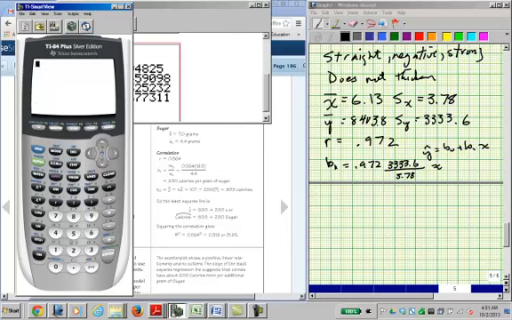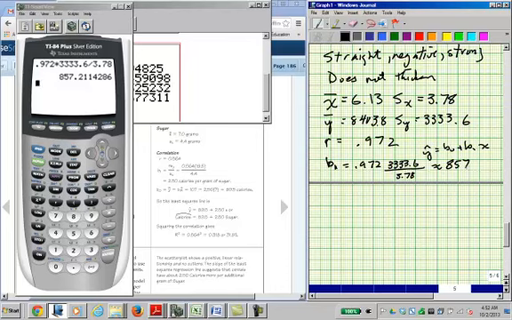So I'm going to clear this. 0.972 times 3.6 divided by, what's that number? Can't even read my own handwriting. 3.78. Okay, 857 approximately. So it's approximately equal to 857.2.